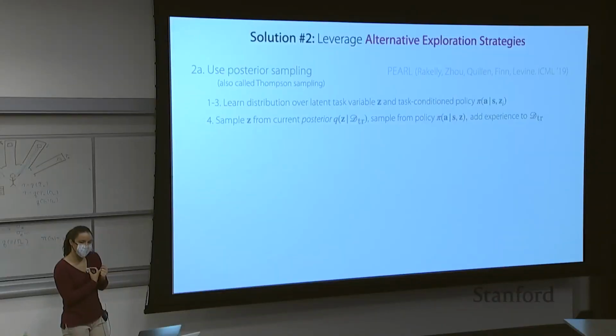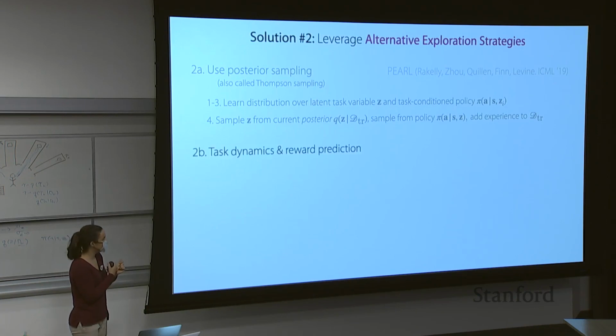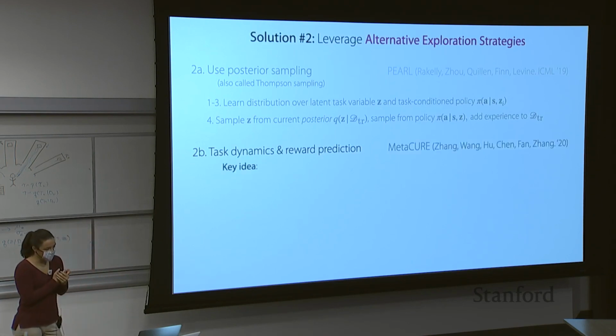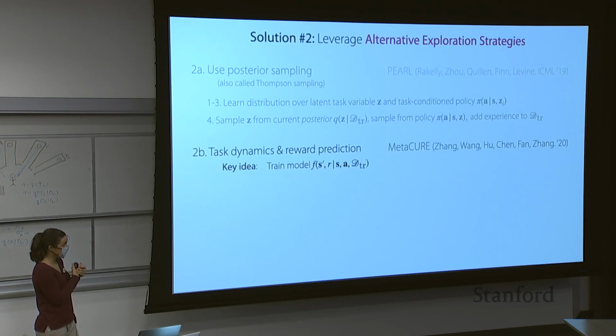One second alternative approach that I'll talk about is, instead of doing any sort of posterior sampling, to explore in a way that tells us information about the dynamics and the reward. We can do this by learning a dynamics model and a reward function for all of the tasks conditioned on our training data.